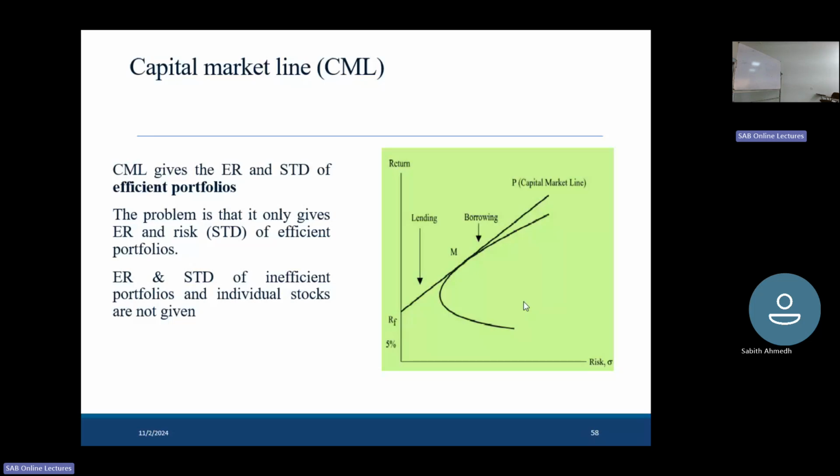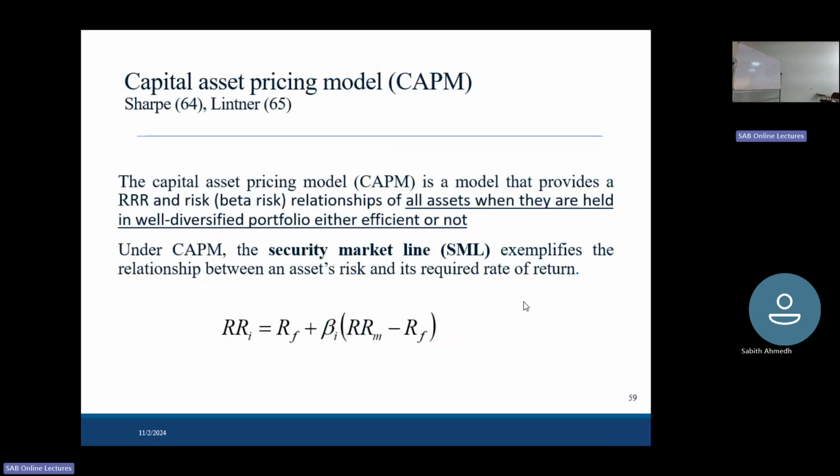But this is based on the market, using the CAPM model. So now we are going to the Capital Asset Pricing Model. CAPM is a theoretically and empirically strong finding.